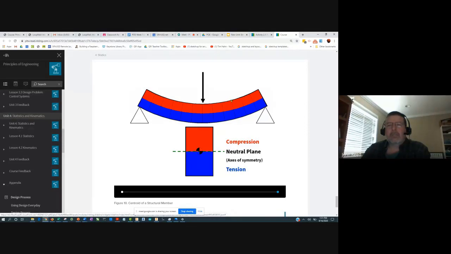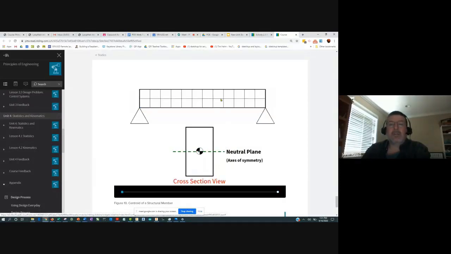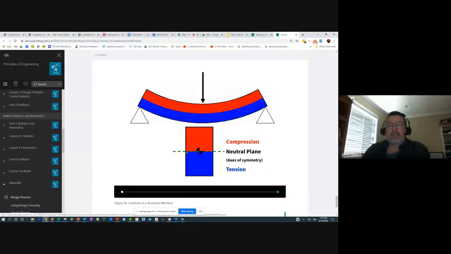But if we're in compression at the top and tension at the bottom, then at some point we have to have neither compression nor tension. In other words, it has to be just fine. It's not being stressed at all. It's just like it was back here in terms of the atoms on that plane. And that is the neutral plane, which goes through the centroid. So that's another example of kind of how the centroid is relevant.